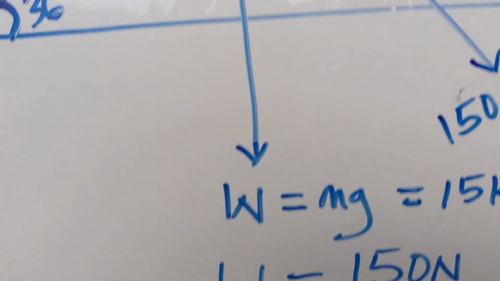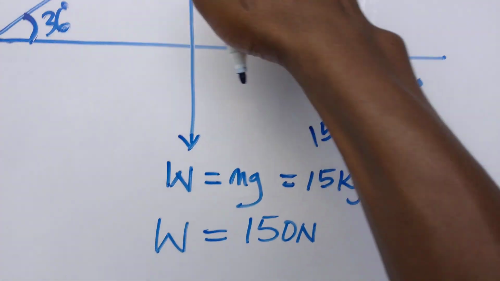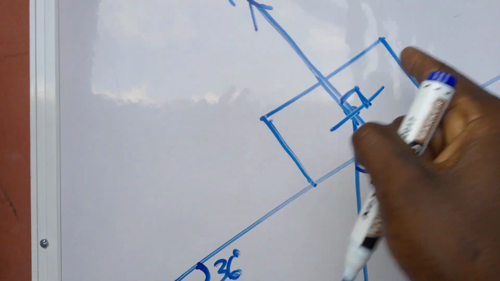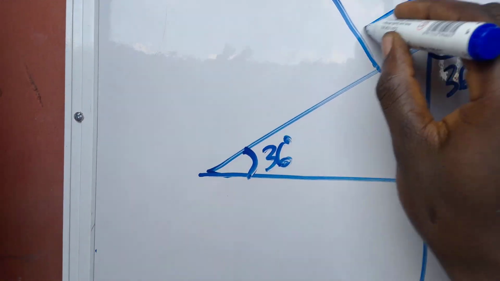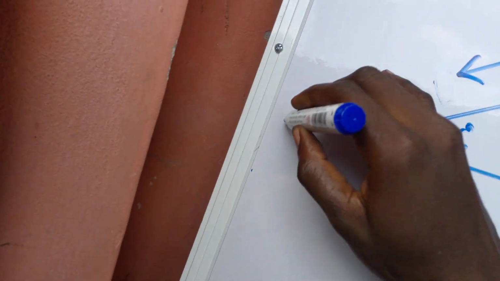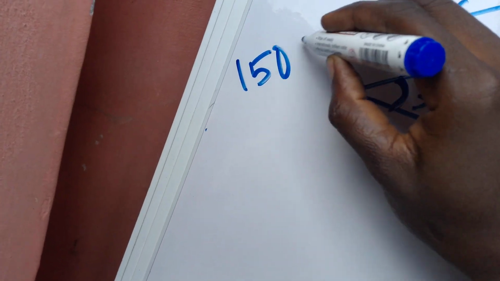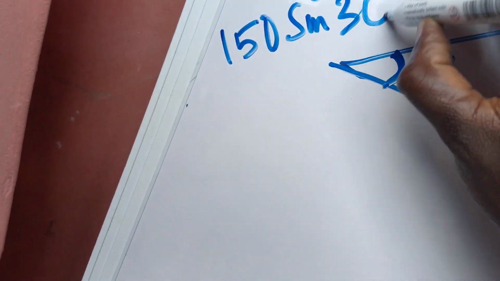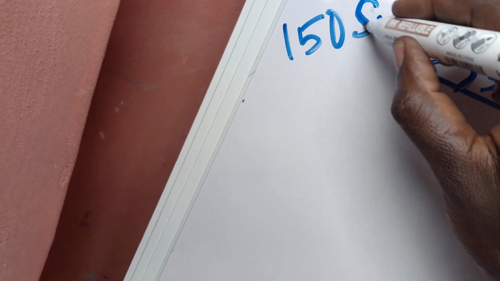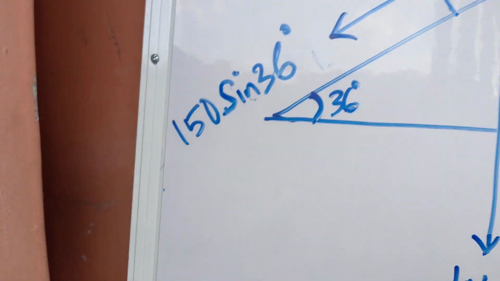Resolving this 150 Newton force perpendicular to the plane, I have 150 cos 36, and resolving it parallel to the plane, I'll have 150 sine 36 degrees.